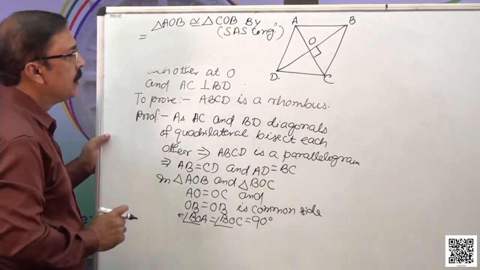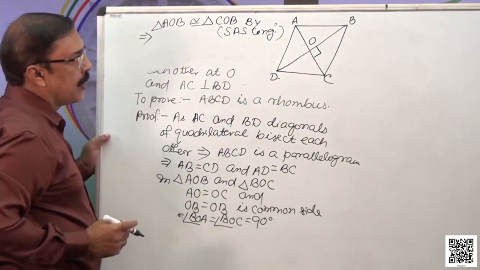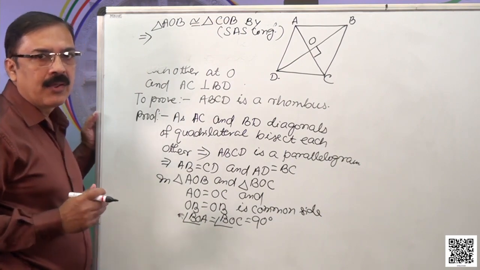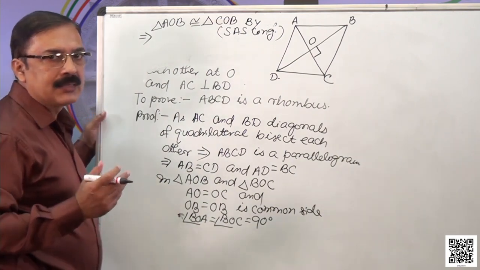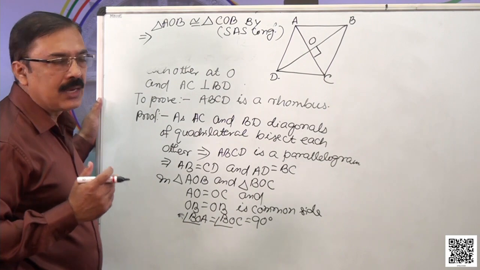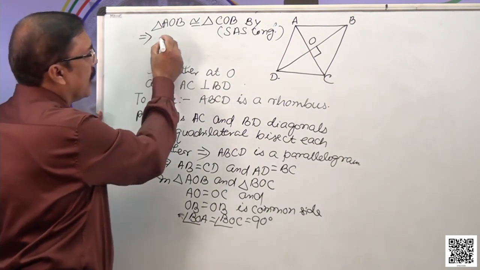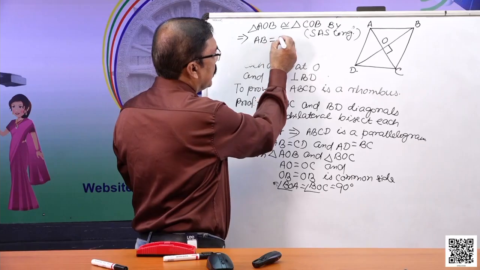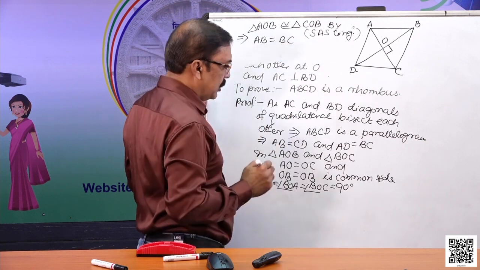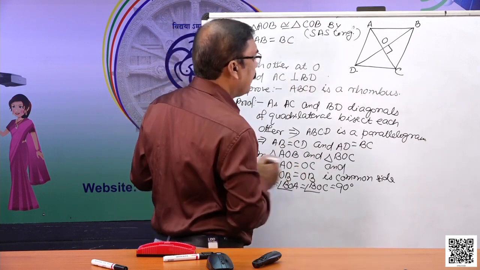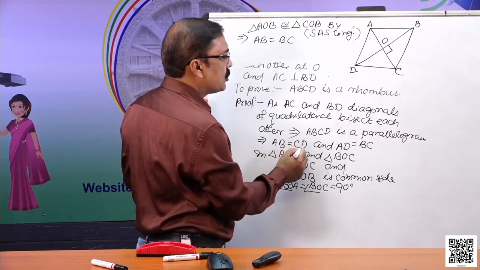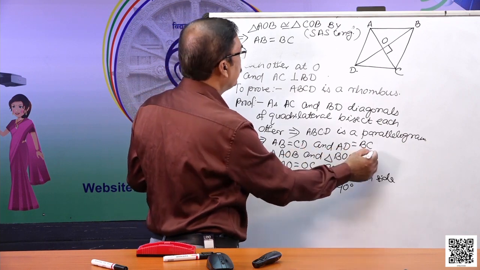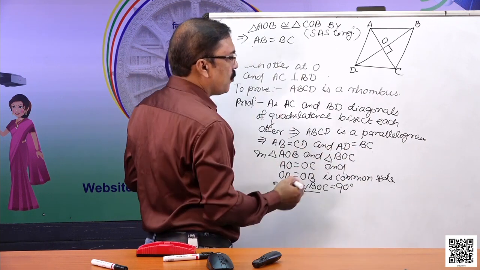This implies, by taking the corresponding parts of congruent triangles are equal, we can say that AB is equal to BC. Now we had AB equal to CD, AD equal to BC, and now AB equal to BC.